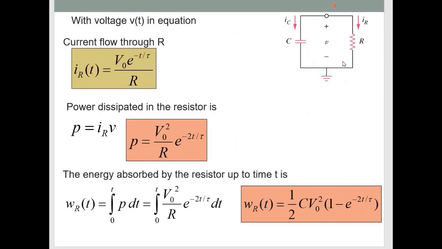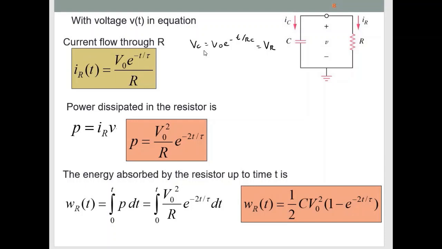From the basic RC circuit here, we know that VC has the same value as VR because the capacitor is parallel with the R, and we have obtained VC, which is V0 e^(-t/RC), so this will be the same as VR.